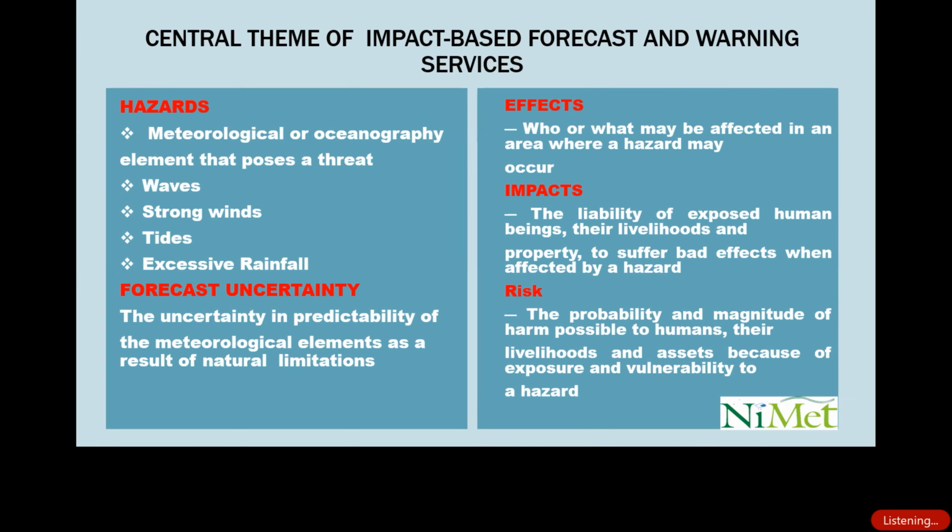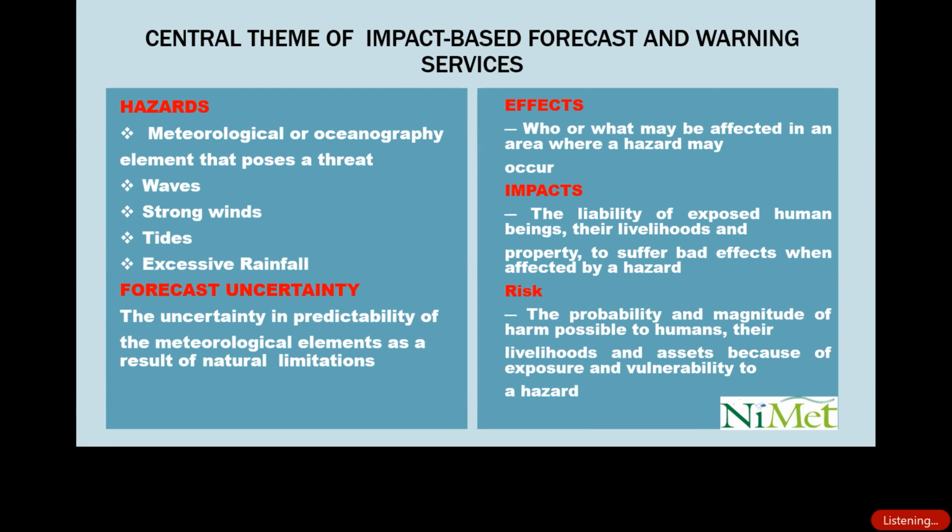It will also streamline who and what may be affected in all areas where a hazard may occur. It gives us insight on the impact on the people exposed to it, their livelihood, their property, and those that can suffer bad effects when affected by that hazard.